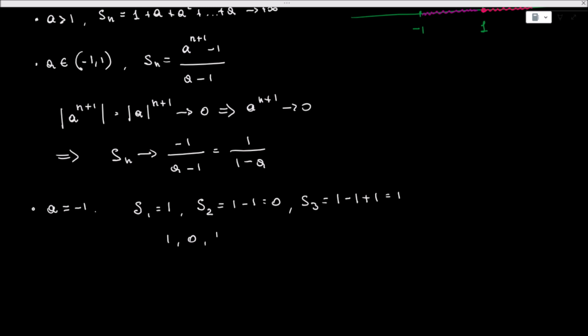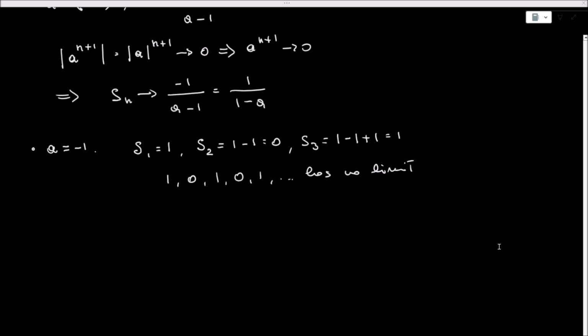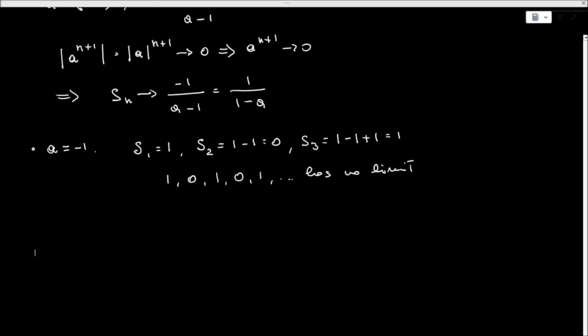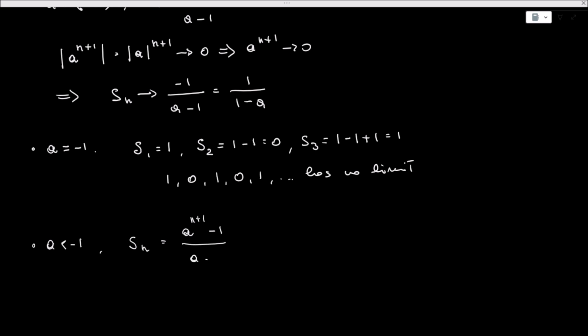We might also consider the case where a is less than minus 1. So let's now consider the last case where a is less than minus 1. Well, if we look at the expression of the partial sum, we have a to the n plus 1 minus 1 divided by a minus 1.